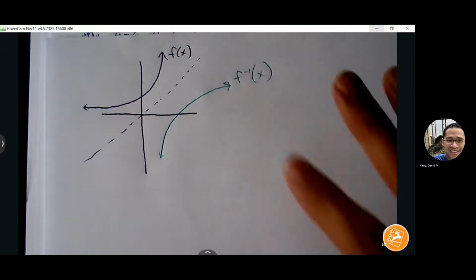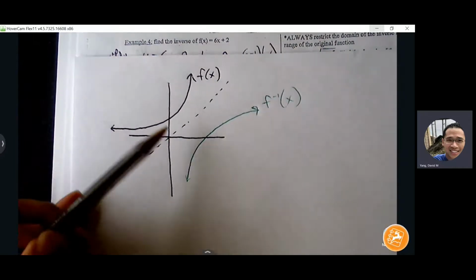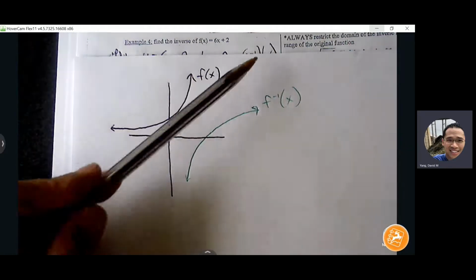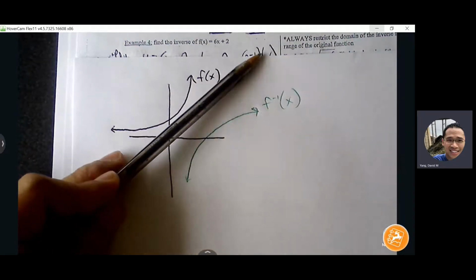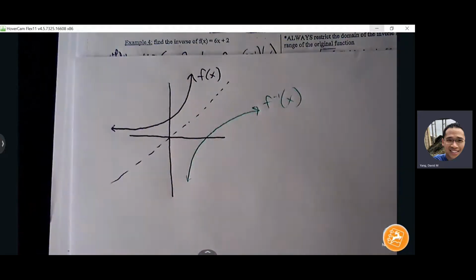Okay, I know this is not to scale, but imagine how this visually could be a function and its inverse, because if I can fold the graph over across that diagonal line, I can imagine that these two graphs are going to overlap each other. Okay, so that's what a function and its inverse is always going to do. You can always fold the graph, and the two graphs will always overlap each other.